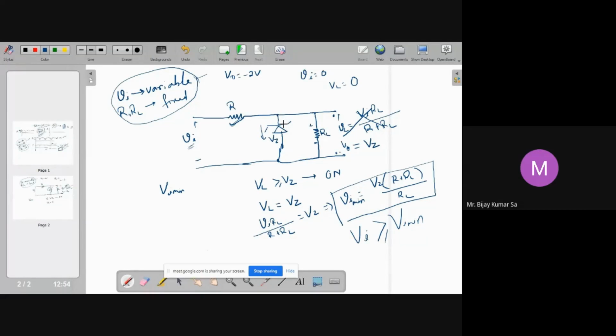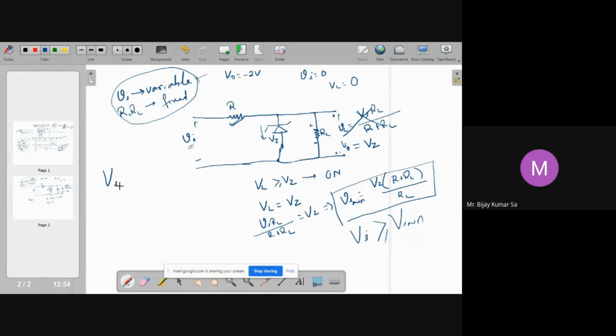Okay, let us go to the simulation now. One more thing you should put into this analysis is: if this is the VI minimum, what is VI maximum?